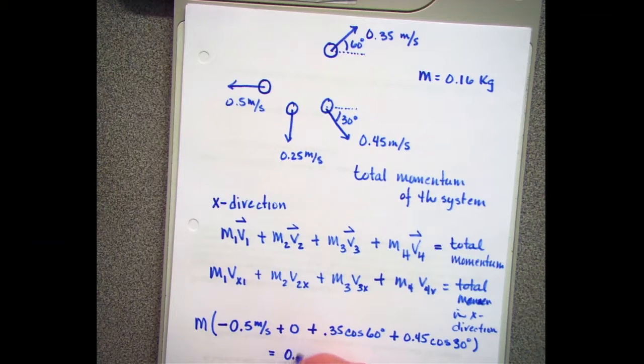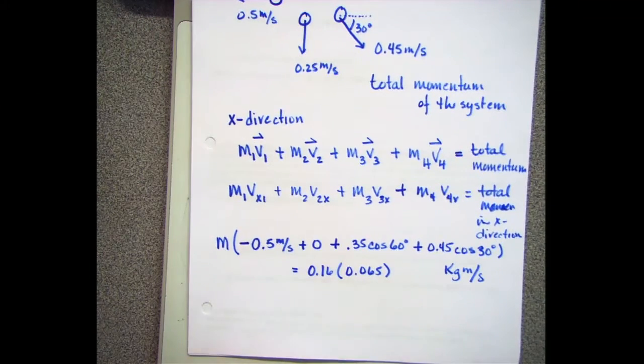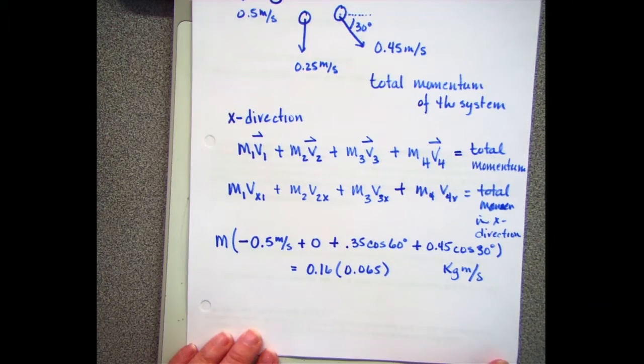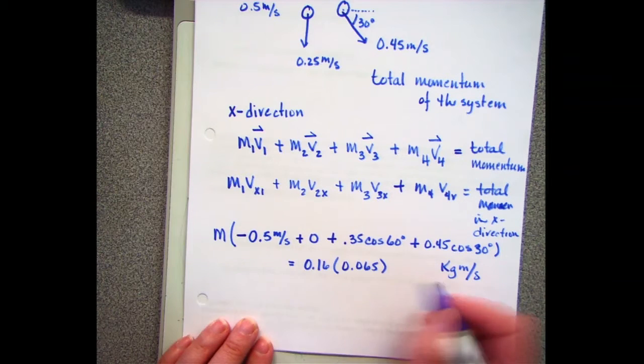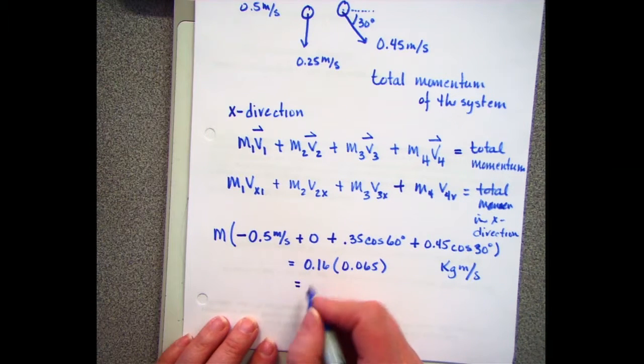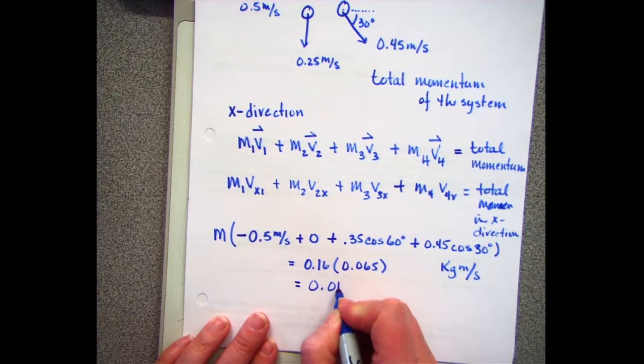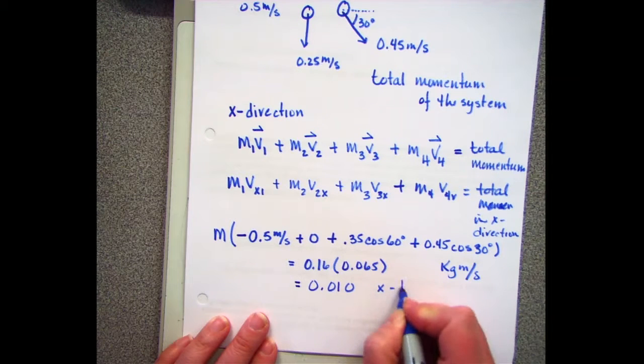It's going to give me 0.16. If I take my 0.5 and put these into the calculator, I get 0.065, and my units are in kilograms meters per second. When I get it all totaled up, it gives me 0.010 in the X direction.